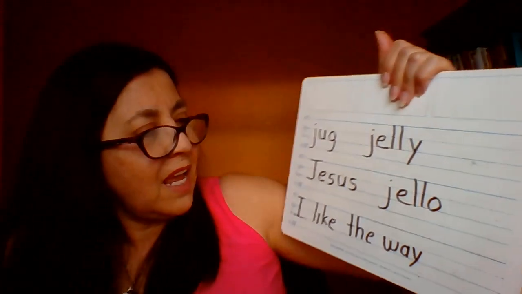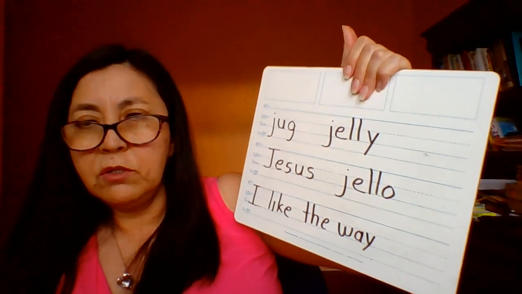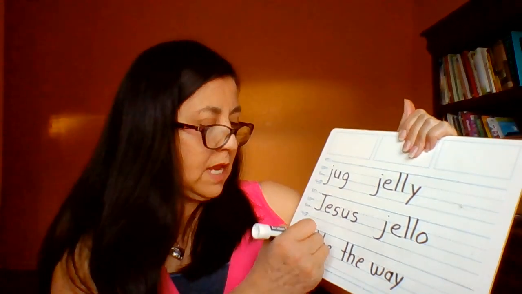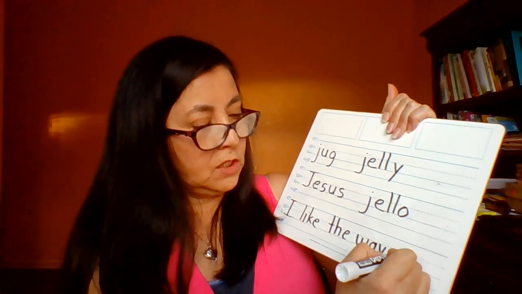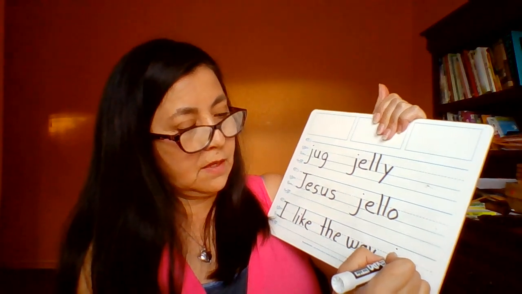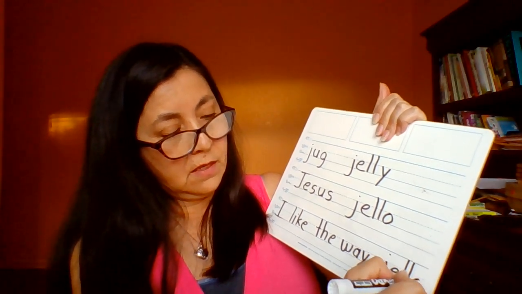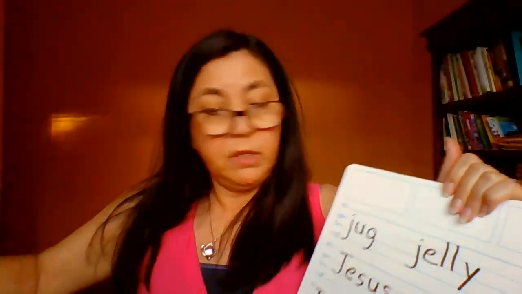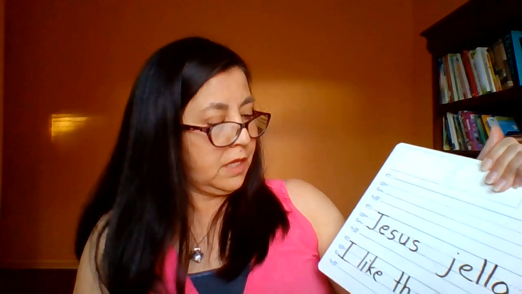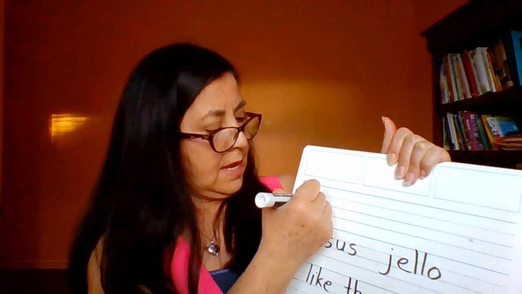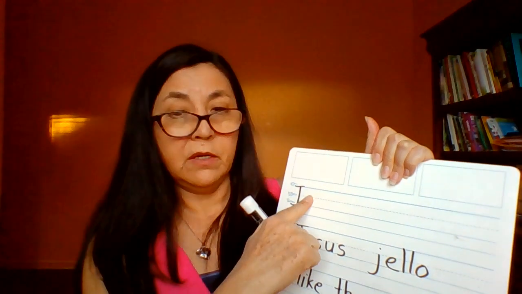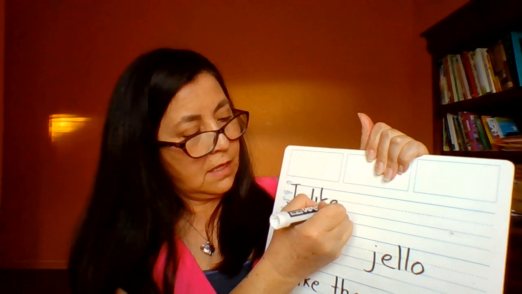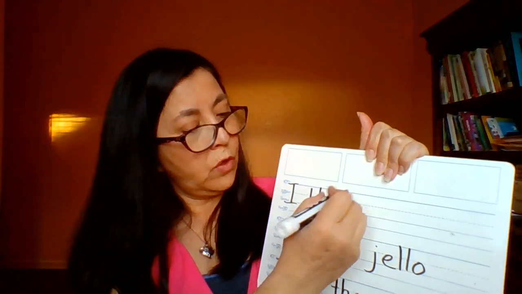I want to write, I like the way Jello jiggles, but I don't have space. Should I erase the other one? Well, I like the way Jello jiggles. Okay, now let me erase the whole thing, and then I write it here. I, put your finger, like, put your finger here because there is another word.